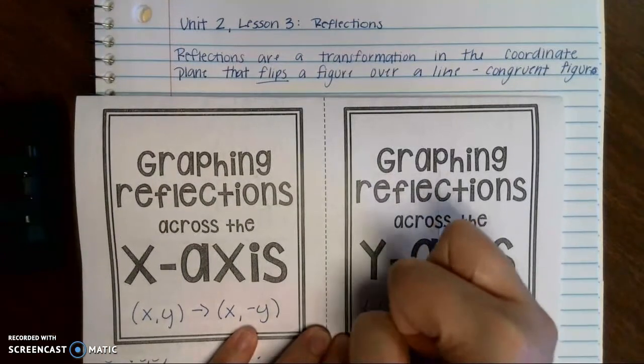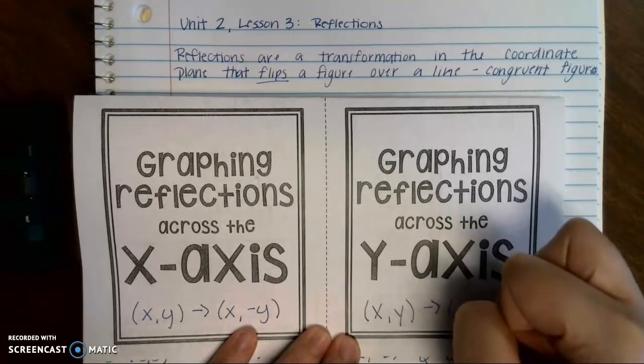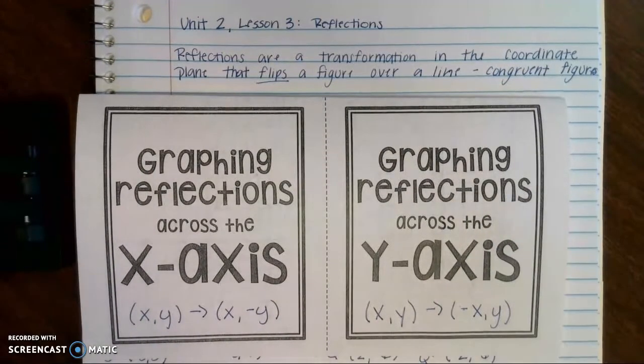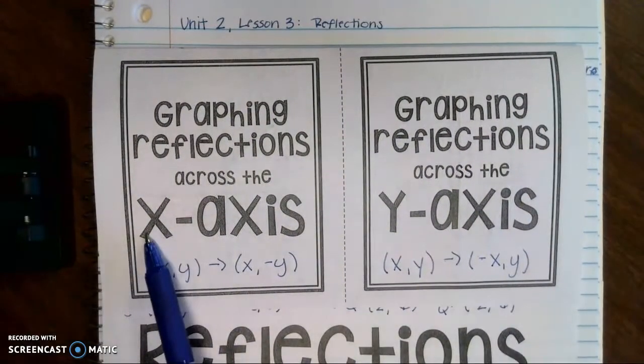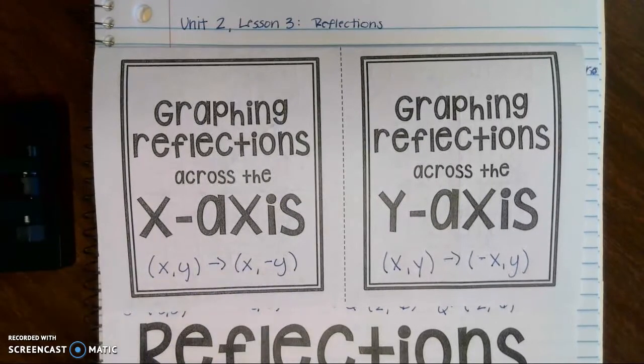My original coordinate (x, y) changed to (the opposite of x, y), and my y stayed the same when I went across the y-axis. It's kind of interesting that when I go across the x-axis, my x stays the same and my y changes. When I go across the y-axis, my y stays the same, but my x changes. And that is graphing reflections in the coordinate plane.